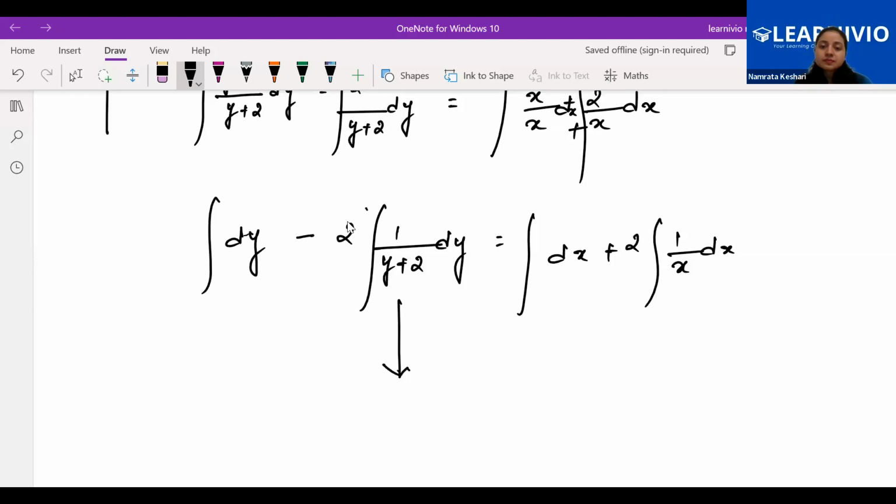Dy becomes y minus 2 log y plus 2 is equal to, is it exactly like the formula, Murtaza?